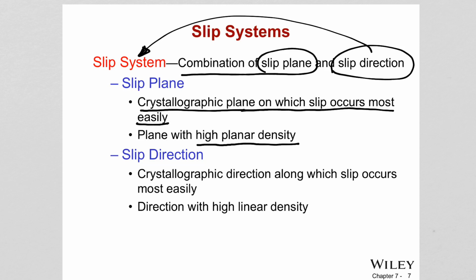And the slip system will depend on what type of crystal structure you have, because FCC and BCC, remember, have different most packed planes and directions, right? So the slip system will depend on whether you have FCC, BCC, or another structure.